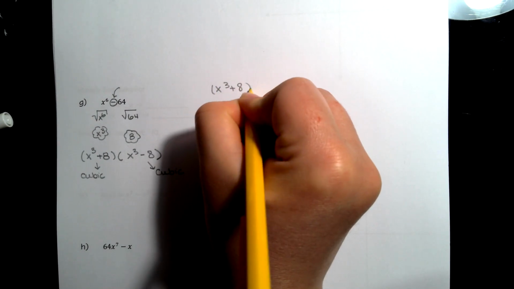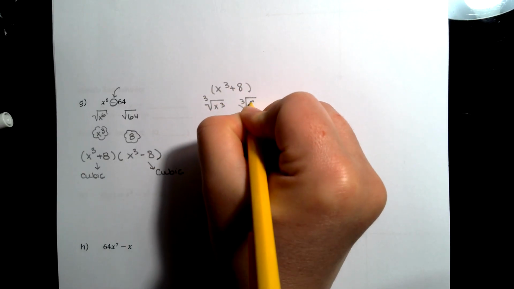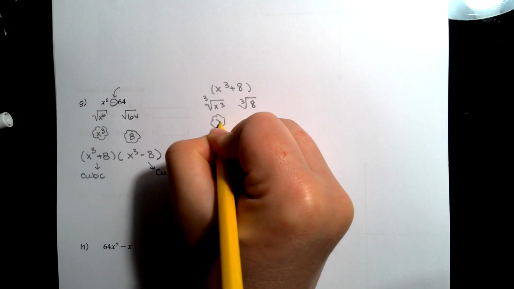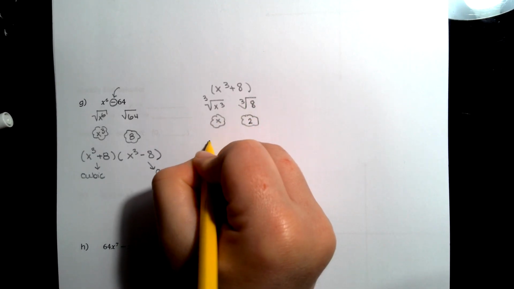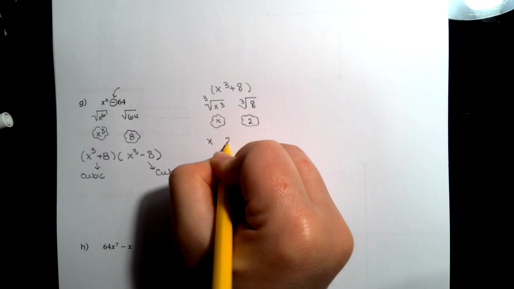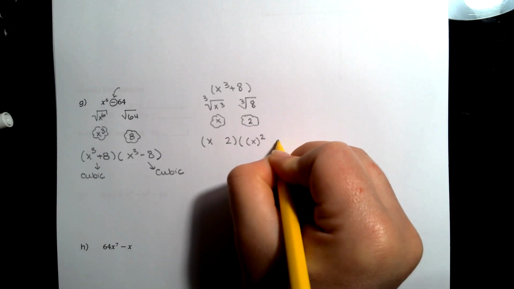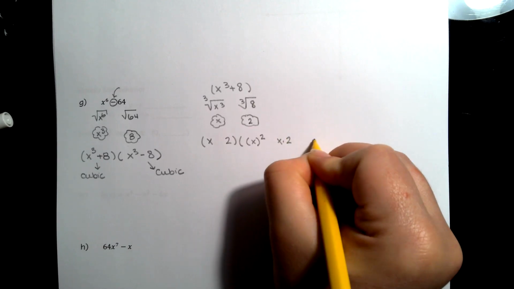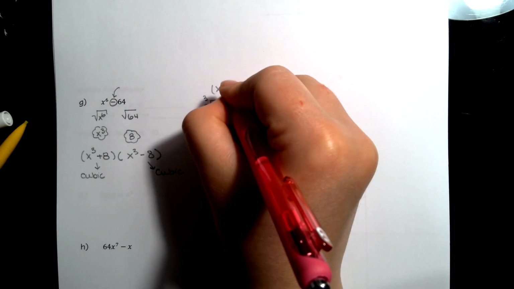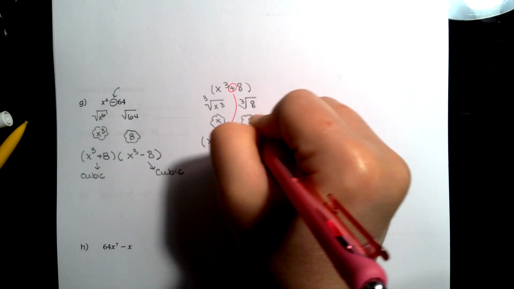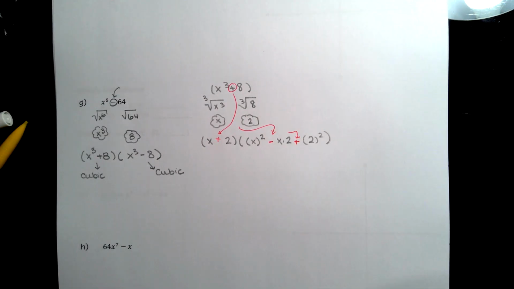So my first one, we can take the cube root of x cubed, take the cube root of 8, so I get a new a of x and a new a of 2. With our pattern, we got a, b, a squared, a, b, and then b squared. Now for our symbols, it's always same, always different, always positive.